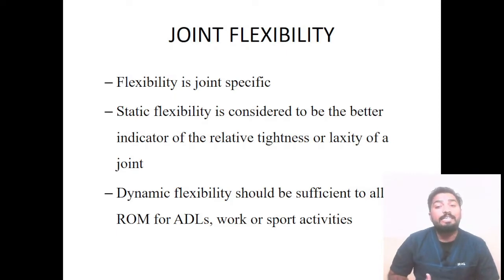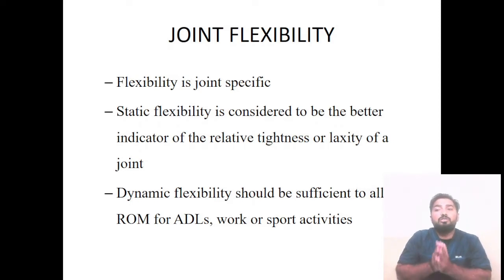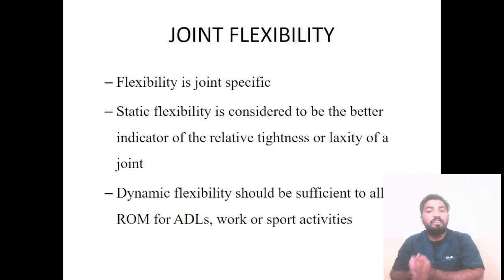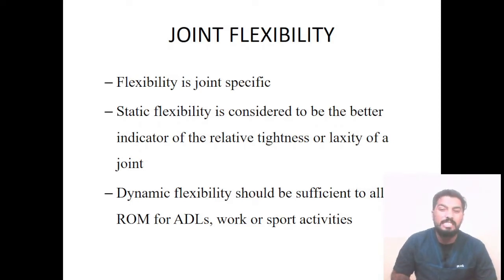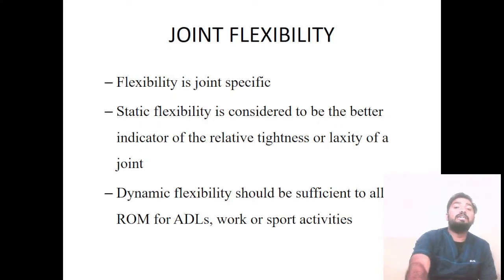Joint flexibility is specific to every joint. It means that every joint has a different amount of flexibility depending upon the structures crossing it and also the kind of activities it has to perform. The static flexibility is considered to be a better indicator of the relative tightness or laxity of a joint.